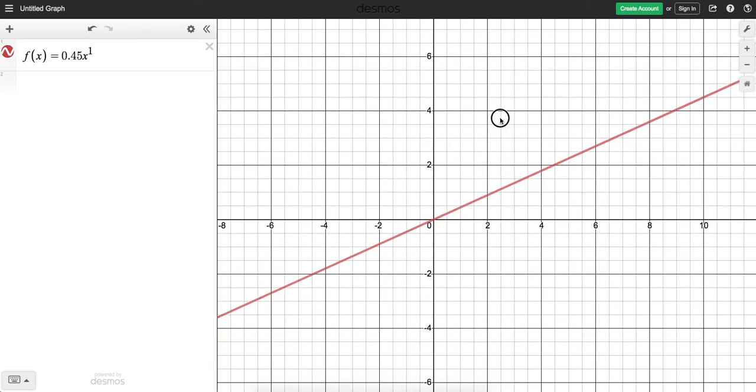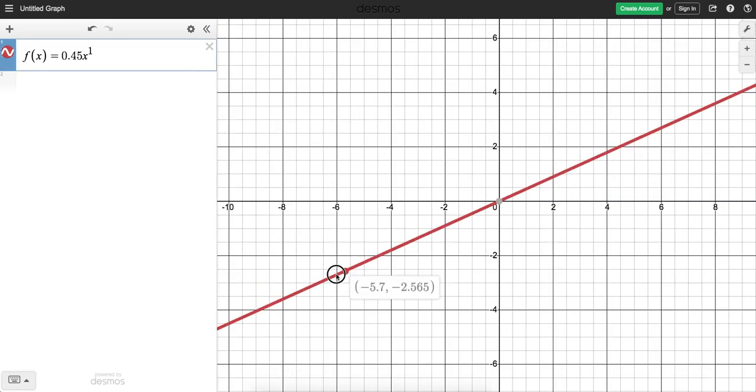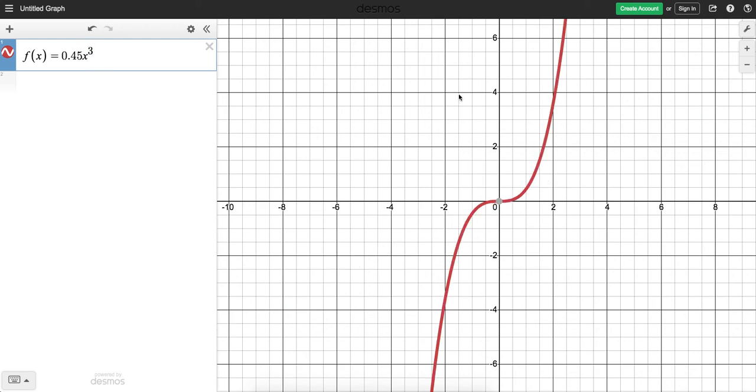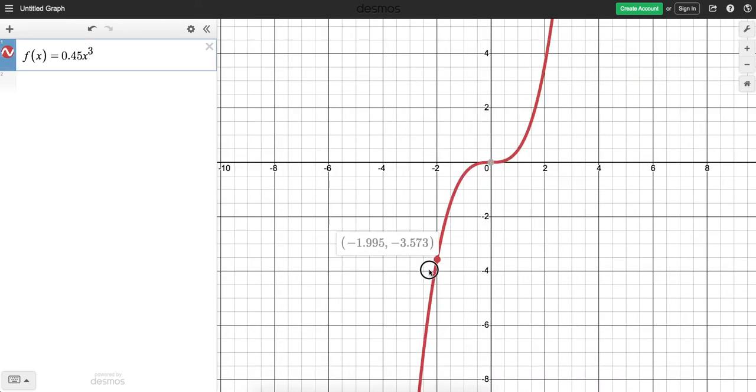So as we go further to the right, our y values are going up. And as we go further to the left, our y values are going down. Let's see if we change it from 1 to another odd power like 3. Here we notice that as your x values increase, your y values go up. And as your x values go to negative infinity, your y values go down.